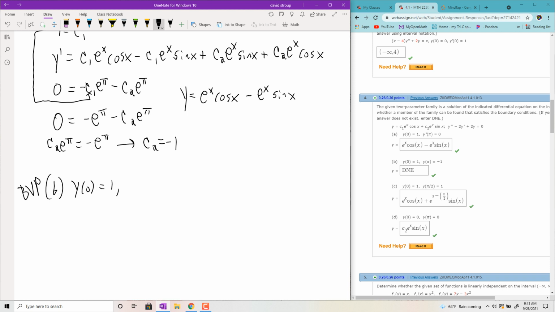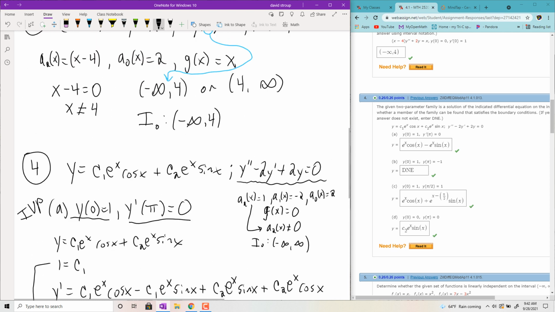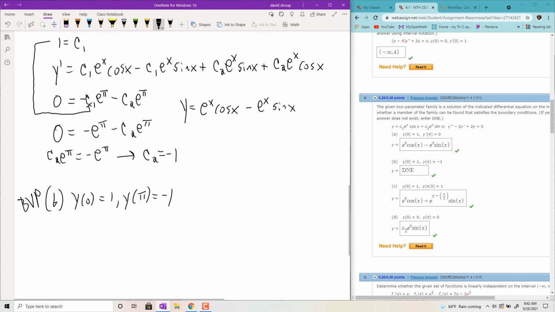It depends on which field you're going into, math-wise or engineering-wise. But we just show them to you so you get a flavor for them. For boundary value problems, you can have no solutions, you can have several solutions, you can have infinite solutions. Okay, even though the function is satisfying the requirements of this existence theorem 4.1.1.